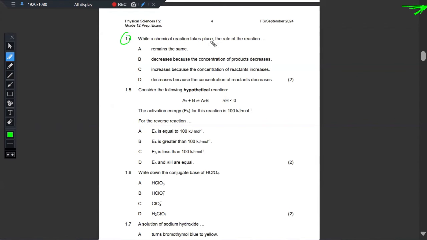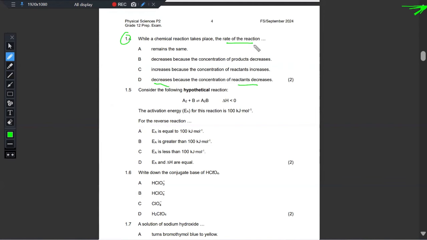While a chemical reaction takes place, the rate of the reaction, does it remain the same or decrease because the concentration of products decreases, or does it increase because the concentration of reactants increases, or does it decrease because the concentration of reactants decreases? What happens to the rate of reaction?